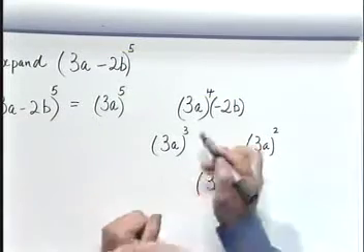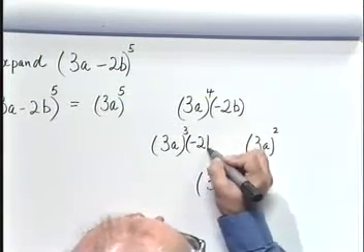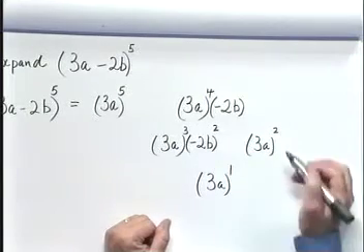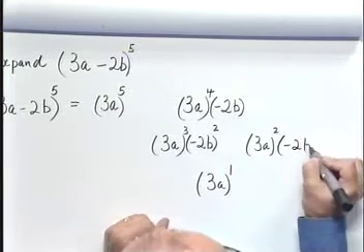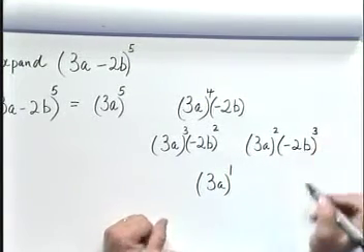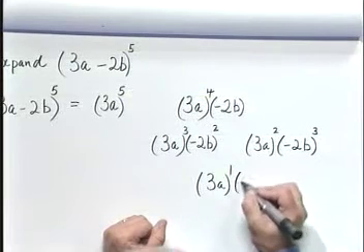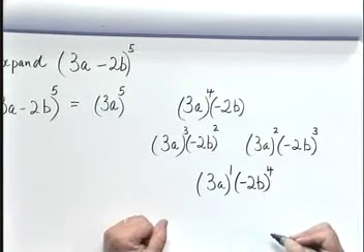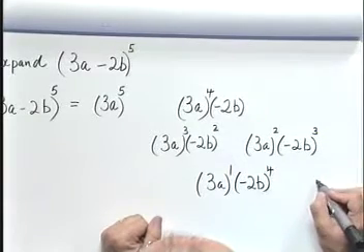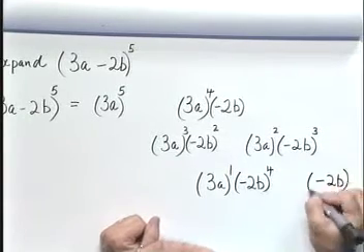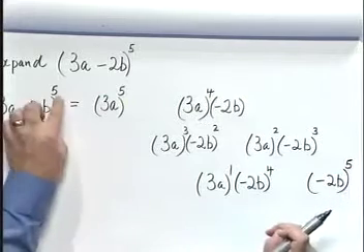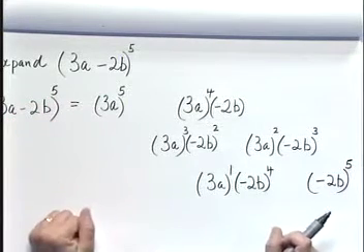When we get to the next term, we'll need minus 2b, and we're going to square it. Minus 2b raised to the power 3. Minus 2b raised to the power 4. And the last term will be minus 2b raised to the power 5, the power 5 corresponding to the highest power in the original problem.